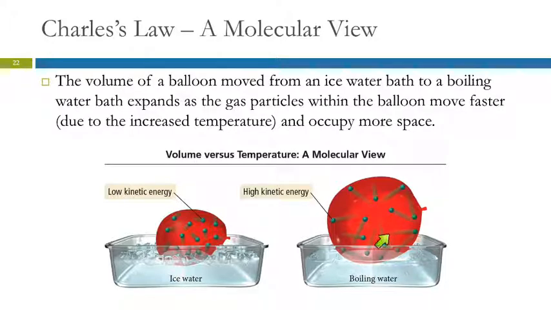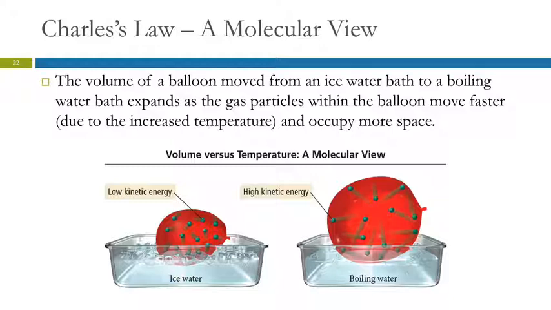The balloon expands because the pressure on the outside is going to be the same as the pressure on the inside. The balloon allows it to expand. If we didn't allow it to expand, then the pressure would go up. Any questions about that?